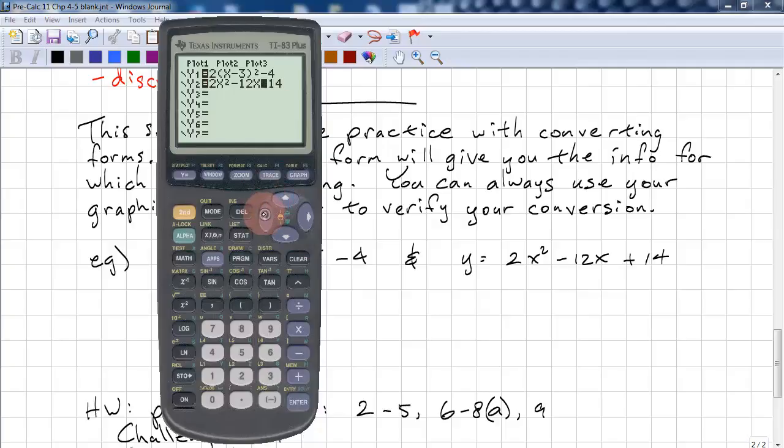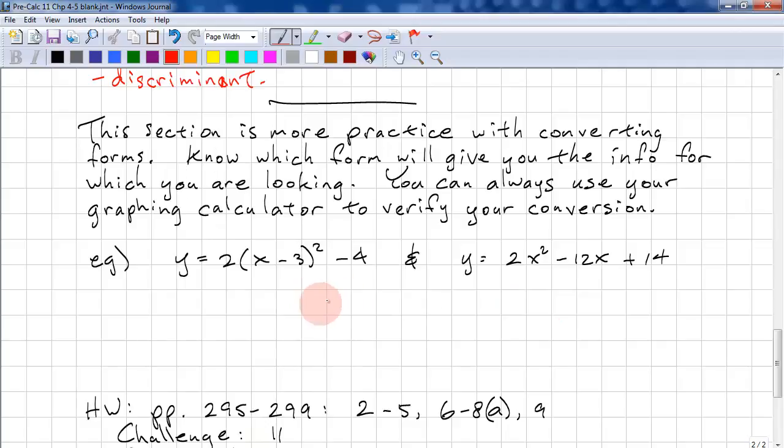What we'd like to do is make the second graph thicker, and graph. First the thin line, and the second thick line overwrites the first line. So yes, proper conversion. And that completes this lesson.